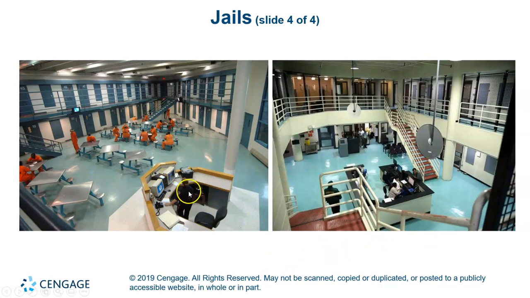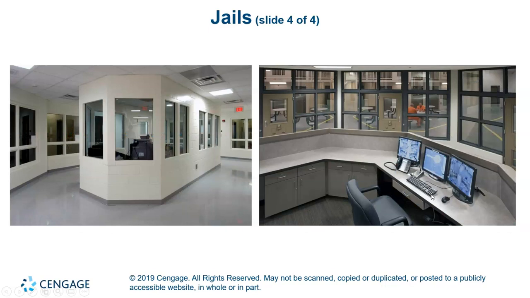The pod is here, even though this is raised a little bit. The pod is within the same area here. They can directly communicate with the inmates. Here would be more of the indirect, where the officer is secured inside of the pod, but there still is the day area out there. So you can see the difference there. And they're talking to the individuals through microphones, etc.